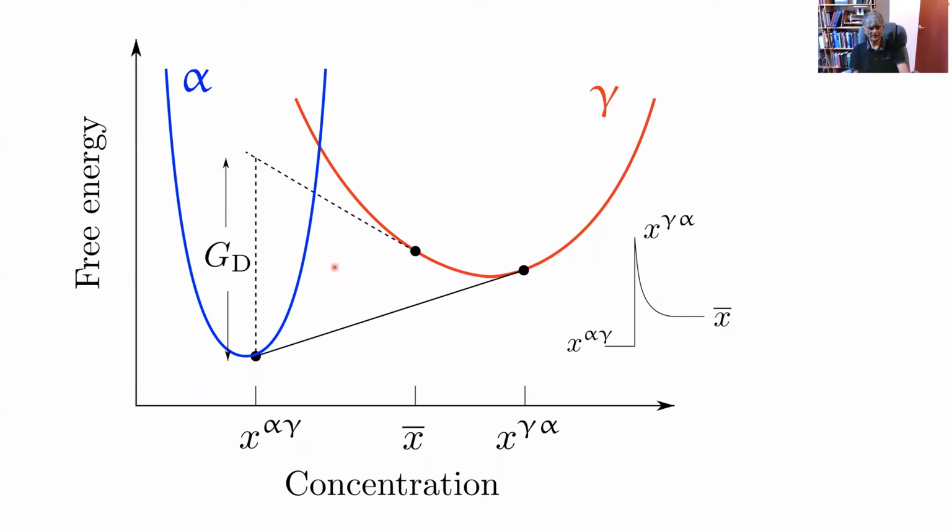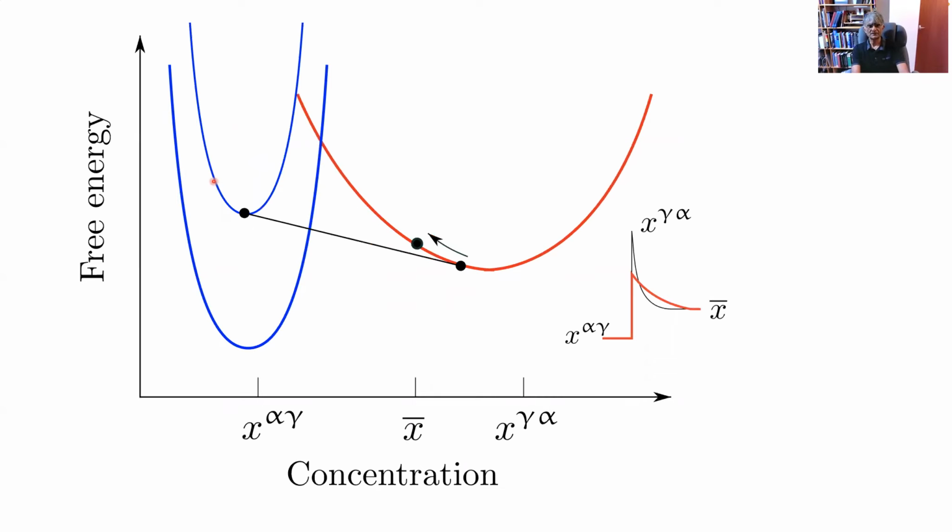So if I have to account for the cost of a steep gradient, then this free energy curve would actually increase, okay? And the concentration x gamma alpha would move towards x bar, and therefore this gradient would automatically become gentle. In other words, we would not get NPLE partitioning.